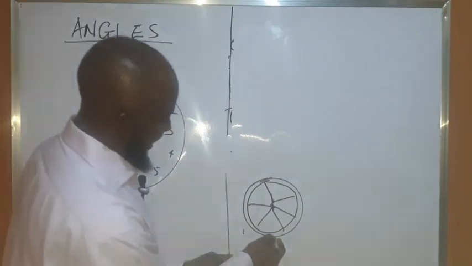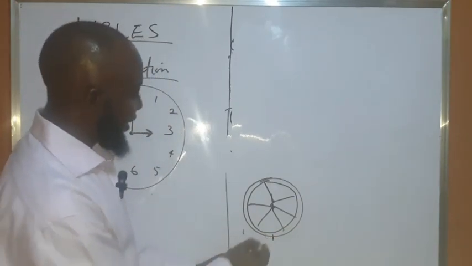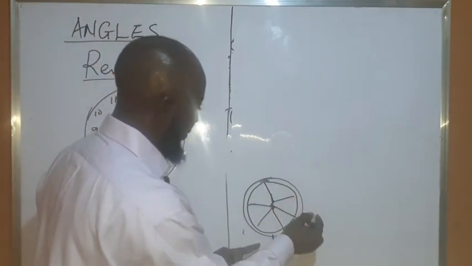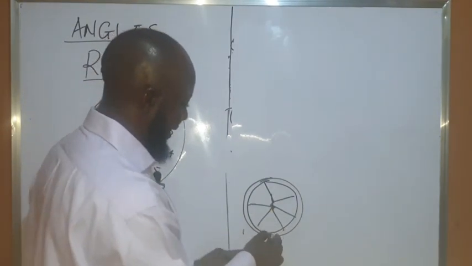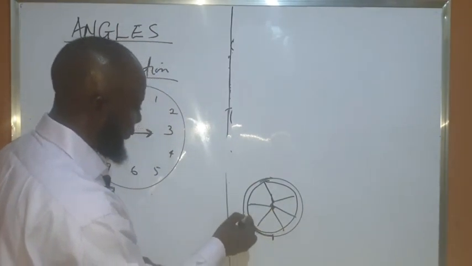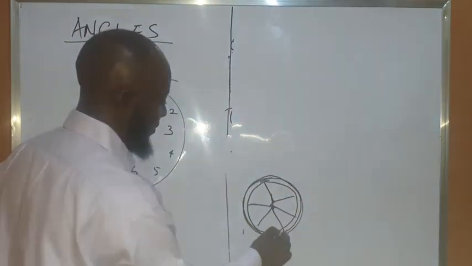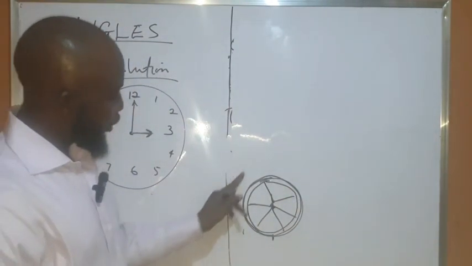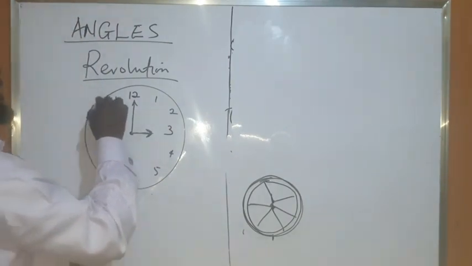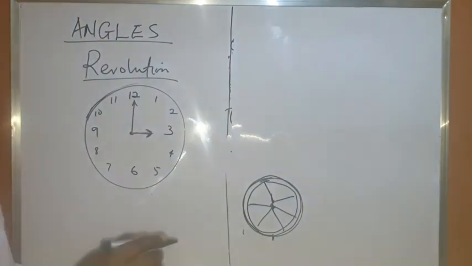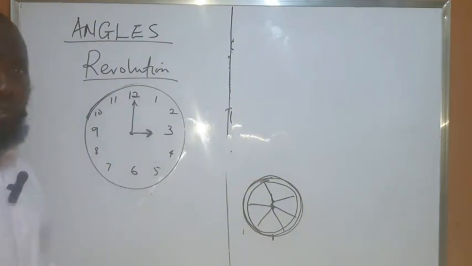By the time this rim starts from this place, turns, and comes back to this place, that means this line has turned a revolution. You understand? A revolution is when you move around a complete circle.